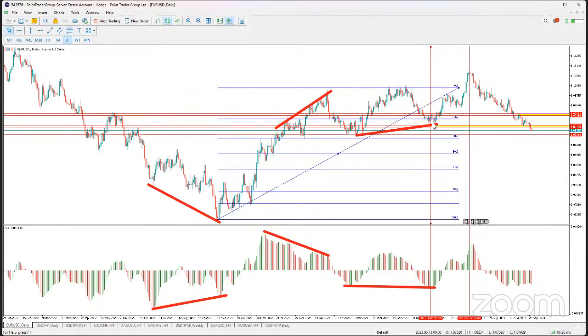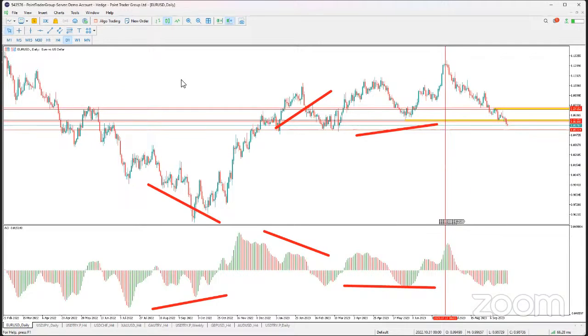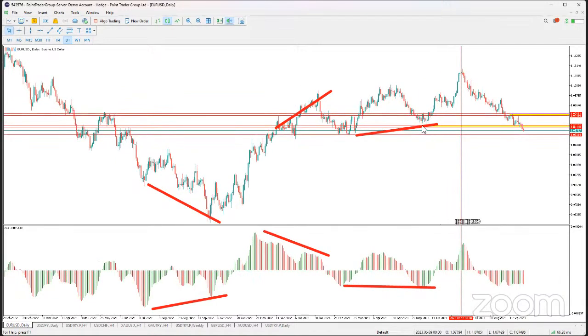Look at this area of support. Now we had a bullish divergence here. The market went upwards. Now this is not really one of my best choices, but it works. Nothing wrong with this, since there's a strong support here. I can still depend on it.